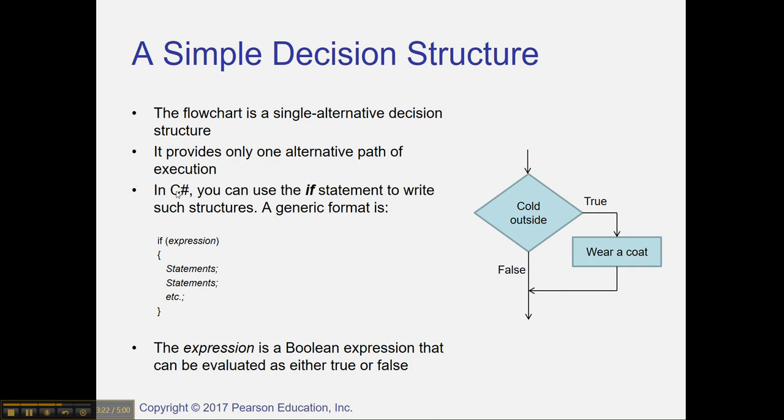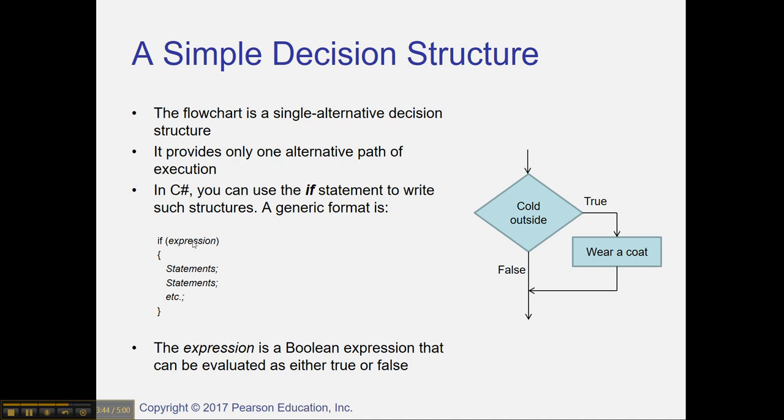And when you look at this in C#, the syntax reads as right here. If, and then in brackets, we've got an expression, and that expression has to be what they refer to as a Boolean expression, and that just means that the expression is either true or false. Is it 1 or is it 0?